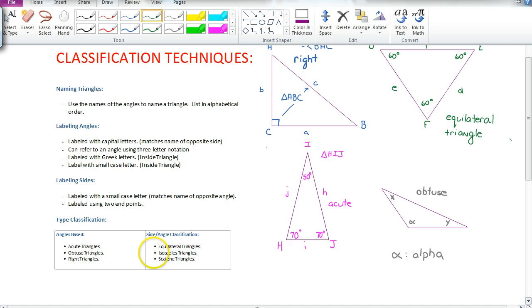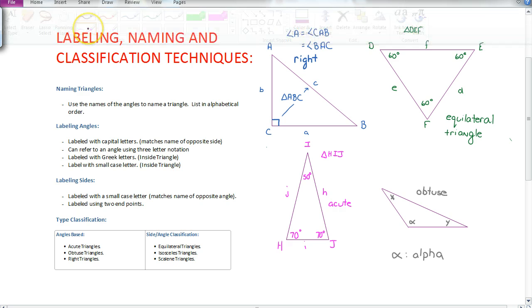The next type of triangle we want to talk about are called isosceles triangles. These are triangles where two sides or two angles are equal. So here I see that two angles and two sides are equal, so this is called an isosceles triangle. So we say this is an acute isosceles. Let me try and spell it again.